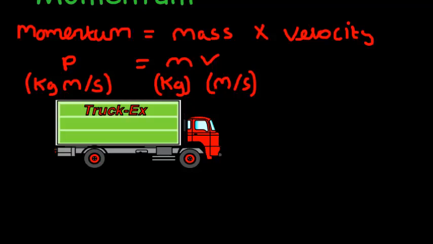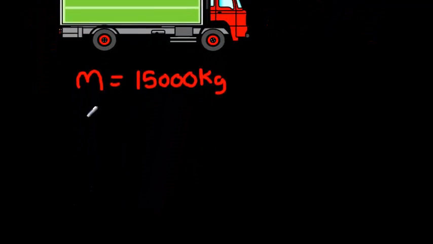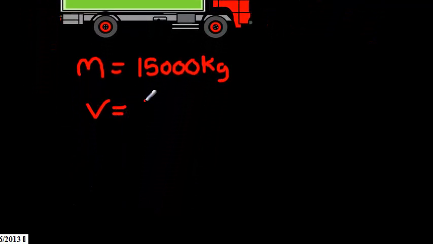So quite simply, say we had a truck. My truck here is pretty heavy, with a mass of 15,000 kilograms, and for the time being its velocity is 0. So what's its momentum?